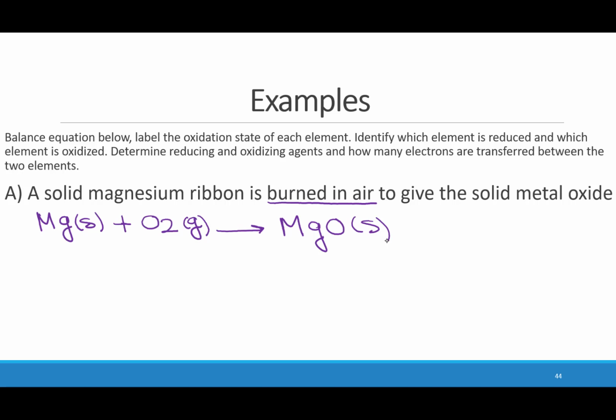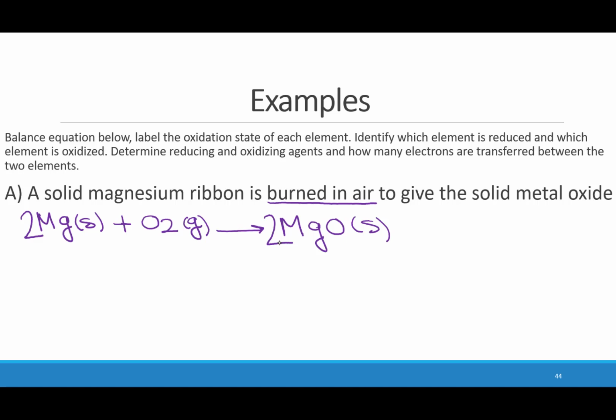This is a chemical reaction when magnesium reacts with oxygen, which produces magnesium oxide. One thing that we want to do is to balance it. We have 2 oxygen on the product side, we have 1. What we could do, we could add 2, and then this will be balanced. I have 2 magnesium, 2 oxygen, 2 magnesium, 2 oxygen.